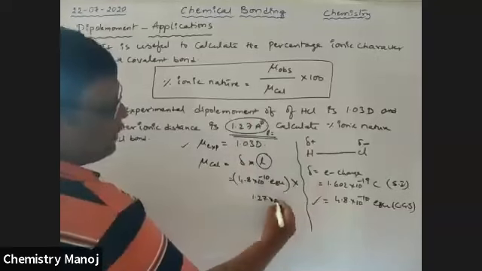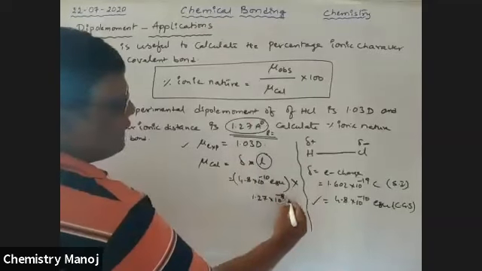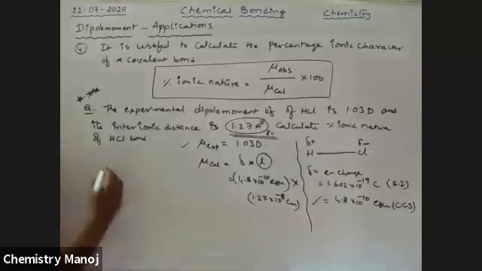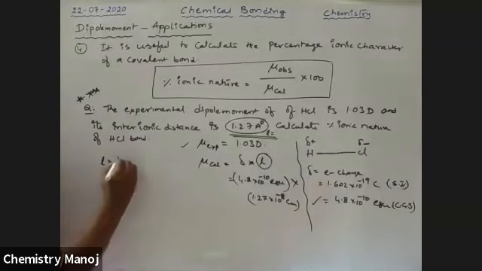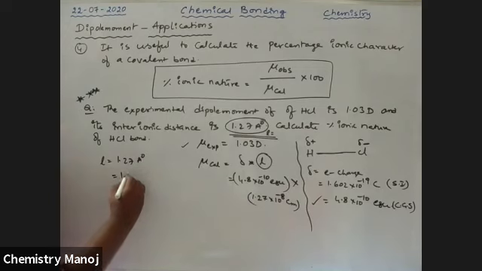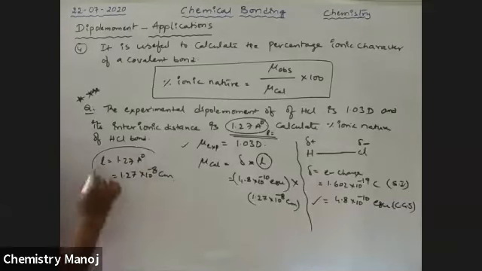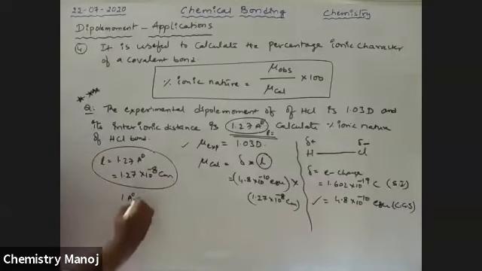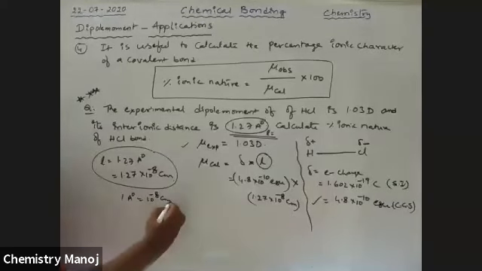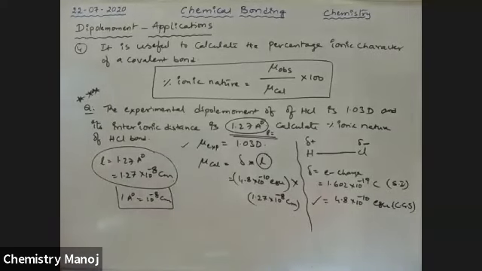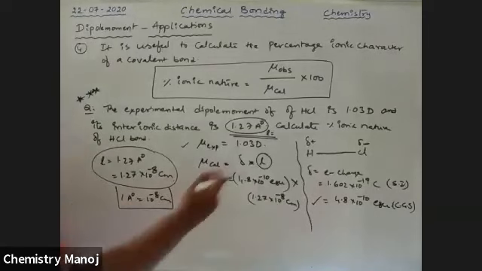I am going to convert into centimeters, because I am taking CGS units. 1 angstrom is equal to 10 power minus 8 centimeters, so L is 1.27 into 10 power minus 8 centimeters.